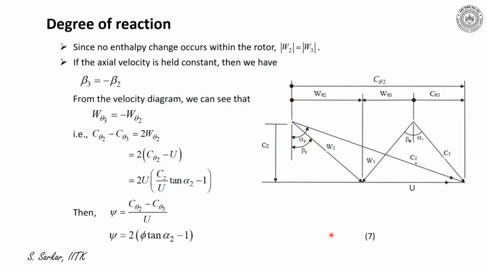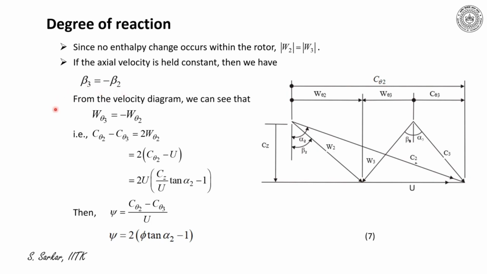I have indicated here again the velocity triangle of an impulse stage. Now it can be stated that since no enthalpy change occurs within the rotor, magnitude of W2 should be equal to magnitude of W3. If the axial velocity is held constant, then we have beta 3 is equal to minus beta 2.